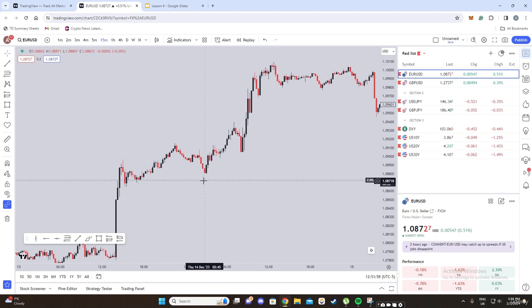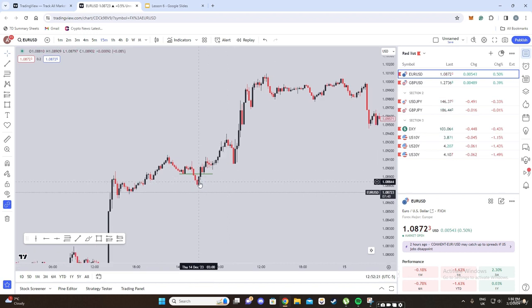So what do we notice here? At 2:45, 3 a.m. New York time, we've seen that price traded below these equal lows, taking out the liquidity. Now once we've seen this, we can expect price to trade higher, taking out this swing high here, this key level. As you can see, price did exactly that.